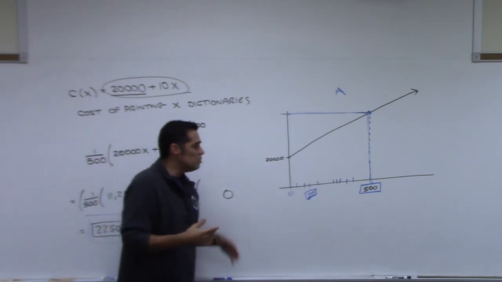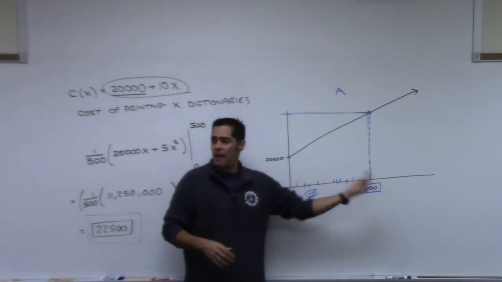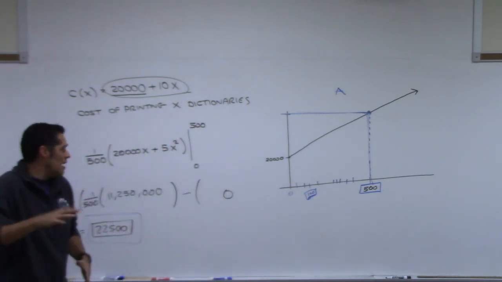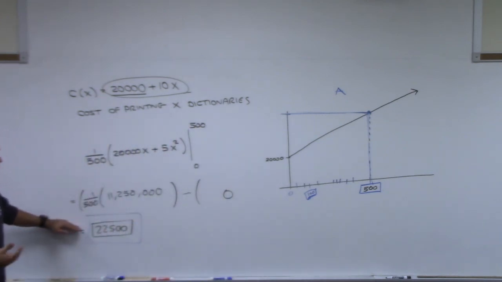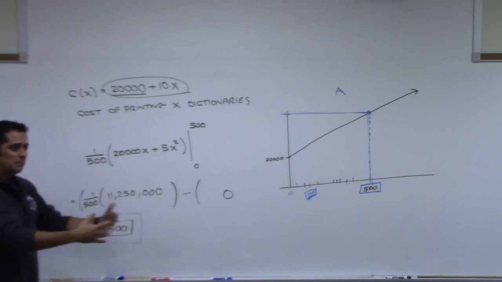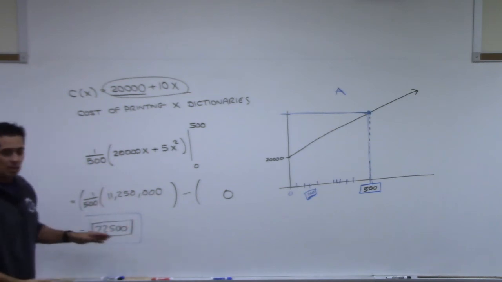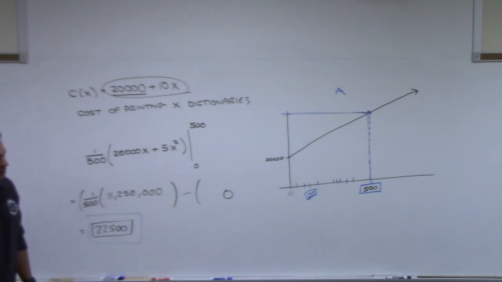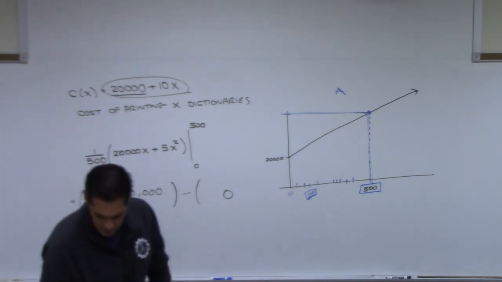So my company knows that if I produce between 0 and 500 dictionaries, it's going to cost us on average about this much money to do that. So, of course, the more we sell, the lower the per dictionary cost is going to be. All right, I hope that makes some sense.